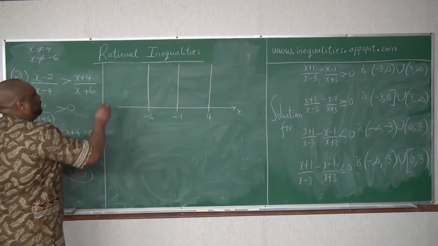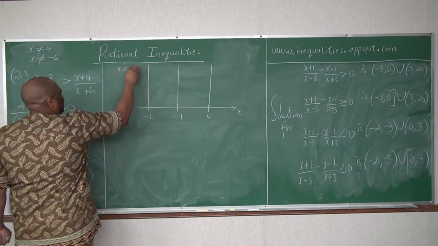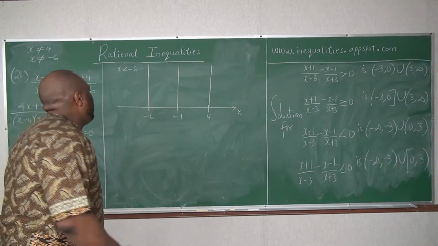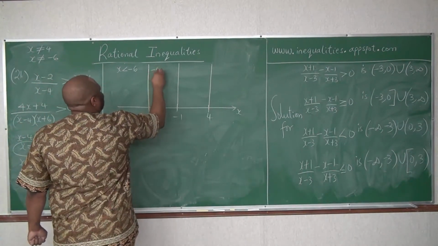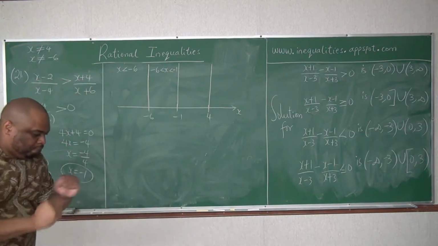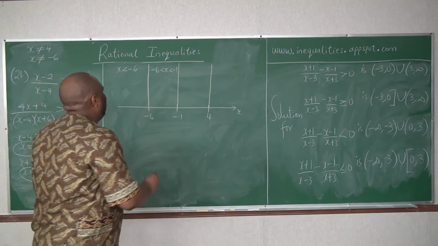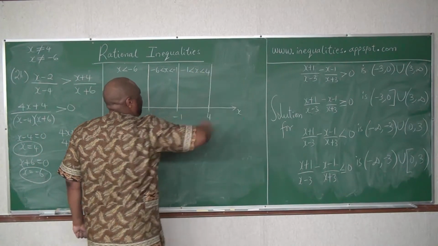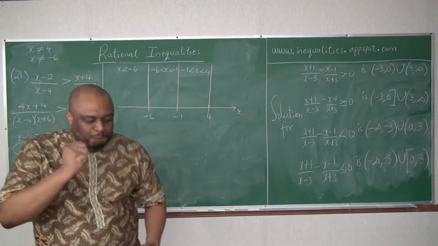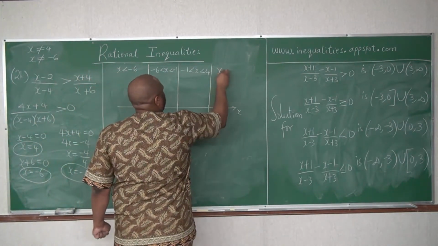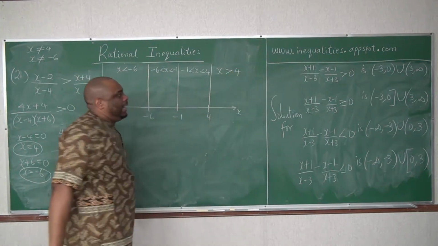The first interval is x less than negative 6. Second is negative 6 less than x less than negative 1. Third is negative 1 less than x less than 4. And the final one is x greater than 4.